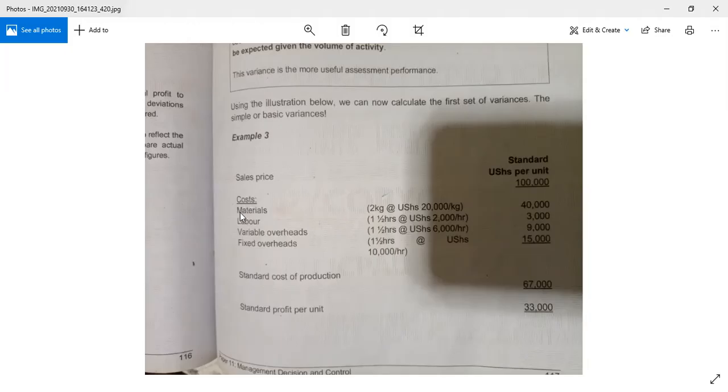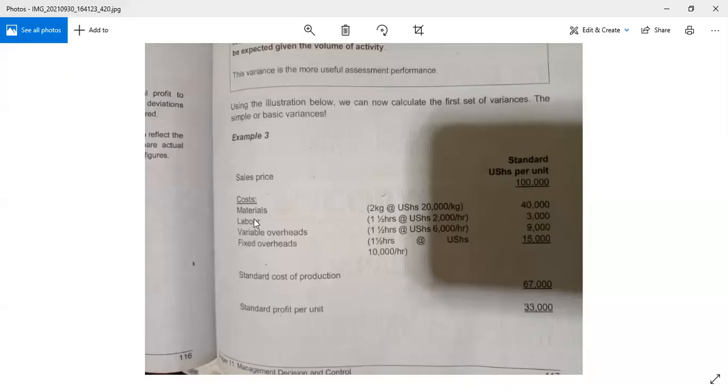The respective costs are materials, labor, variable overheads, fixed overheads. They have given us the respective values. As you can see, 2 kgs at 20,000 per kg. This is the standard, so a unit product should have these kinds of values.